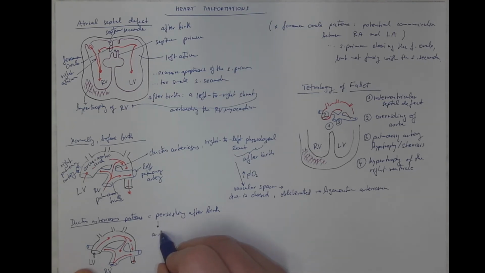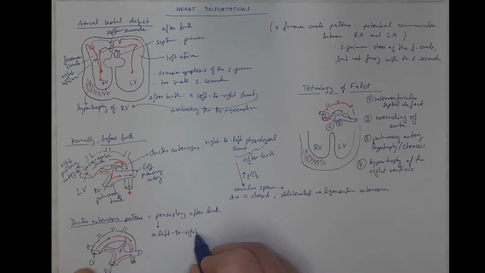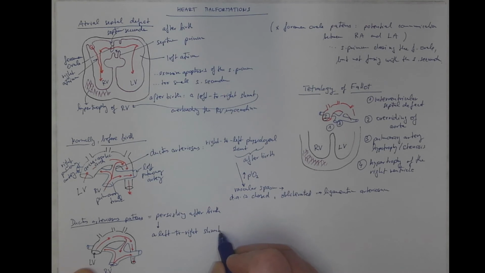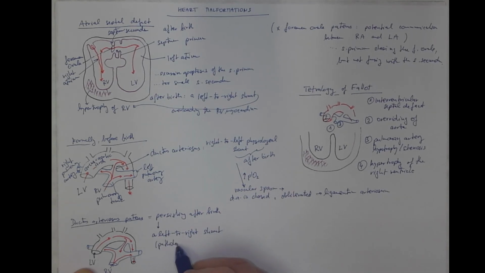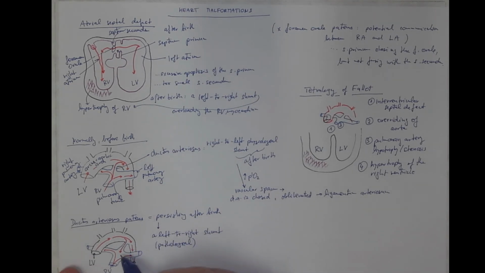So there is a left to right shunt, and this is already pathological. Again, there is a problem with the pressure overloading of the pulmonary circulation, with the pressure and the blood propagating from the aorta through the opened ductus arteriosus. So we don't want that.